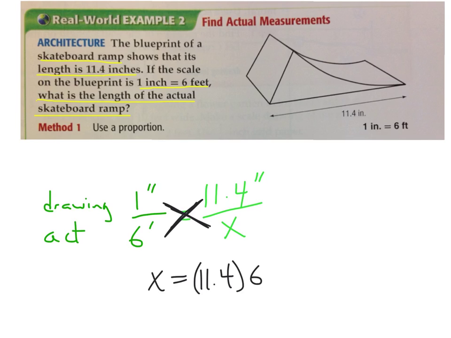So I've shown the equation, X equals 11.4 times 6, and when I solve that, I get 68.4. So 68.4, and the label is going to be feet. And remember to show your work in today's assignment, right? So you start with your proportion, show me what equation you're solving, and your answer.